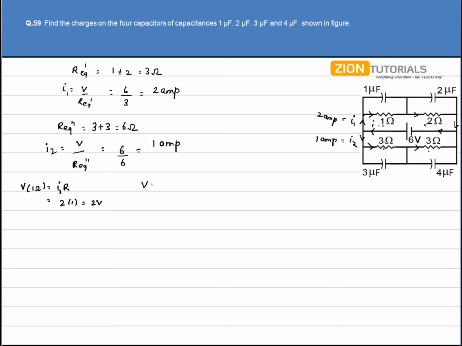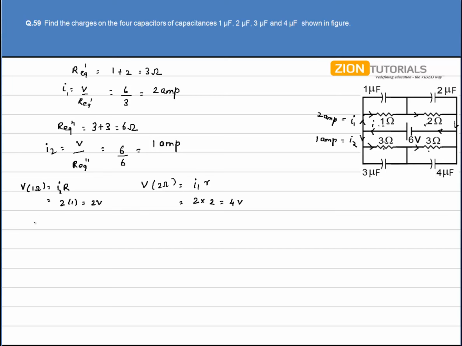The potential drop across 2 ohm is I1 into R, that is 2 into 2, that is 4 volt. Now I have the voltage drop across the 1 ohm resistor. This will be the potential drop across the 1 microfarad capacitor, because both are in parallel, so the potential difference across them will also be the same.